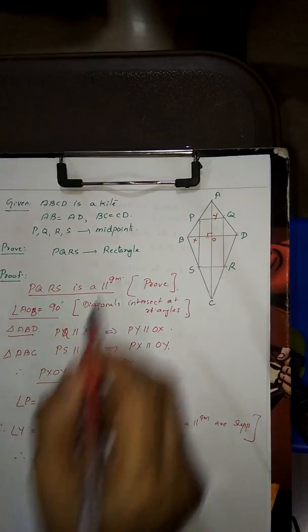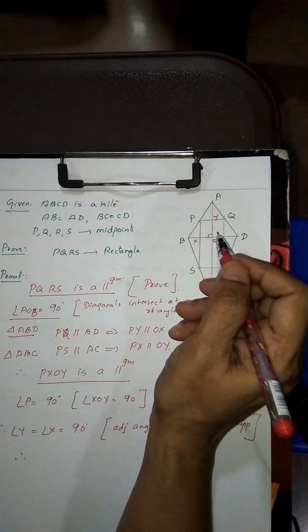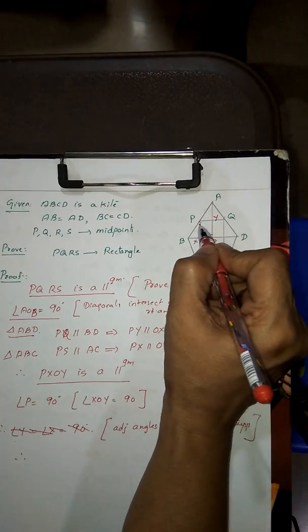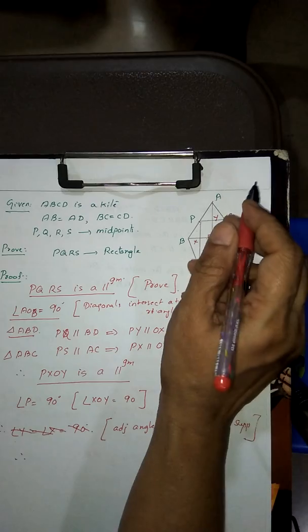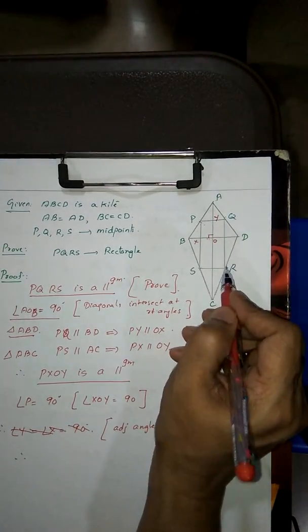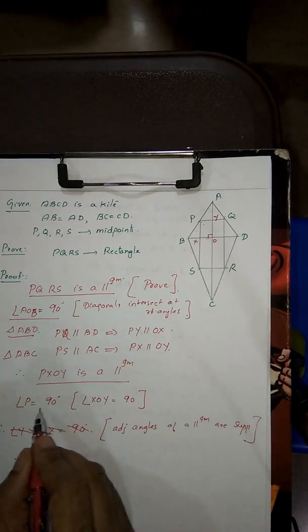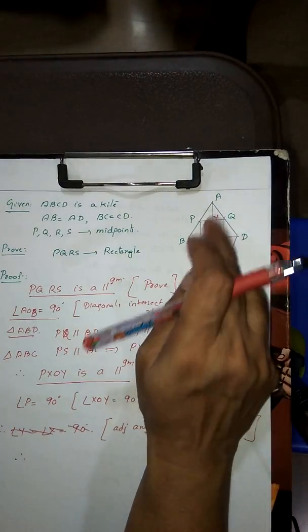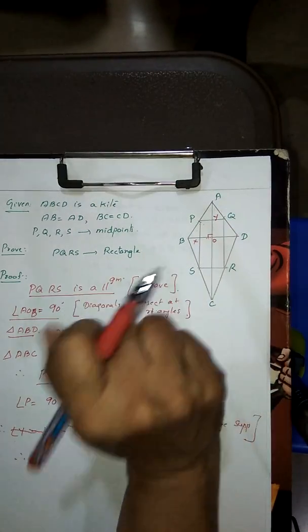Therefore we can say, we have proved angle P is equal to 90. Now we have to prove all angles Q, R and S are 90 degrees.